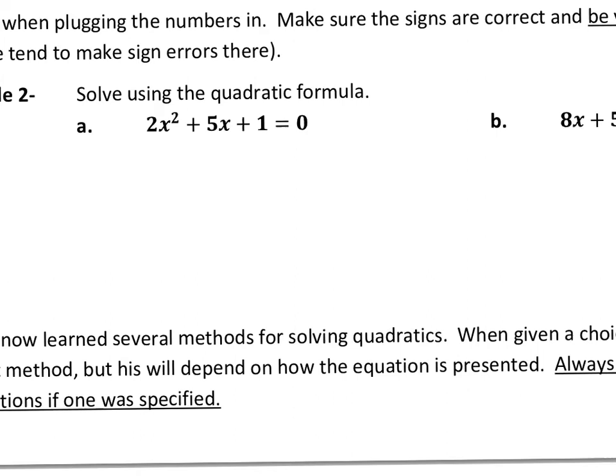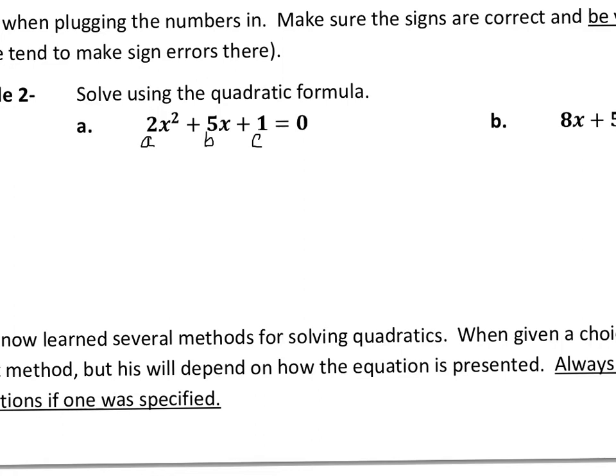Okay, so in this case now, let's identify, first of all, is everything on the same side? Yeah. Is it in descending order? Yeah. So let's identify A, B, and C now. What's A here? A is 2. What's B? Positive 5. And C is positive 1.